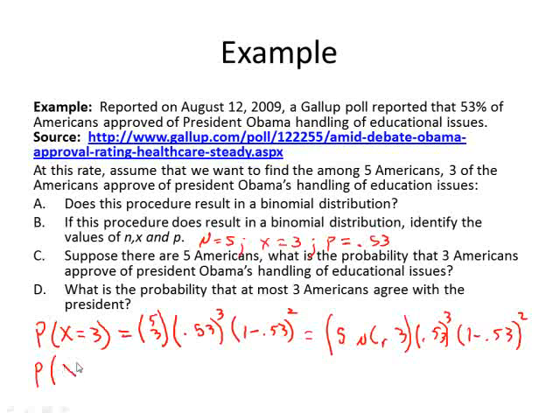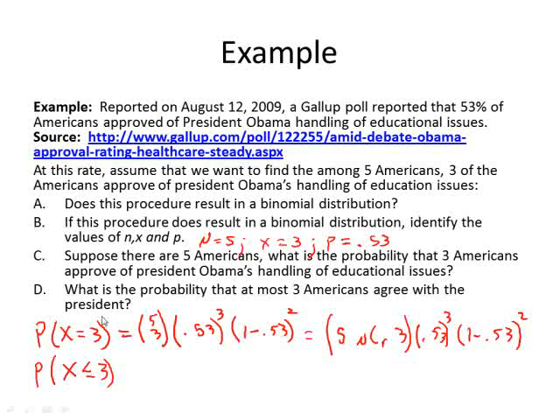X is less than or equal to 3? So this is the probability that, do we agree that that's how we're writing this? Got to make sure we're okay first.